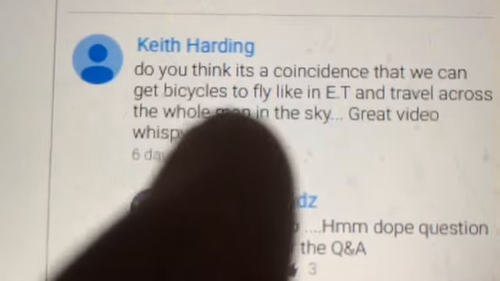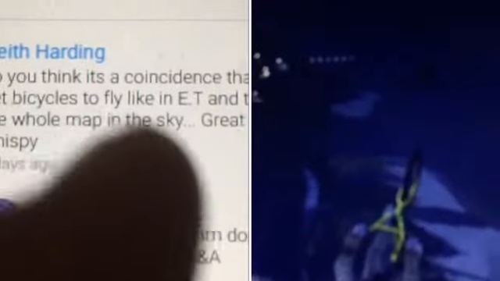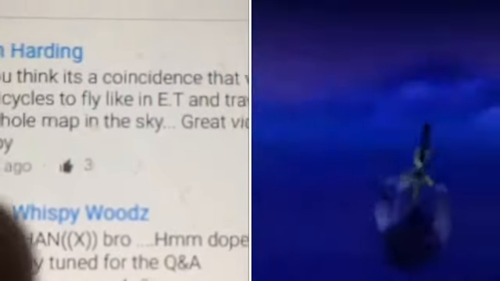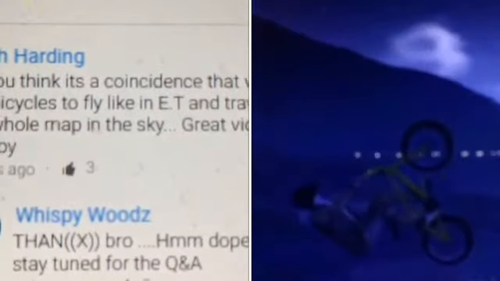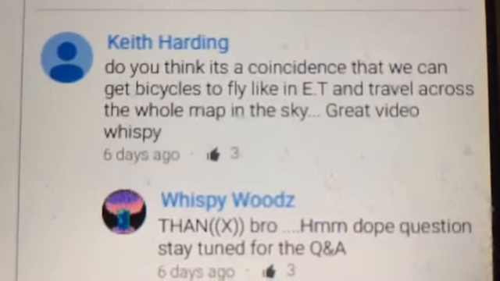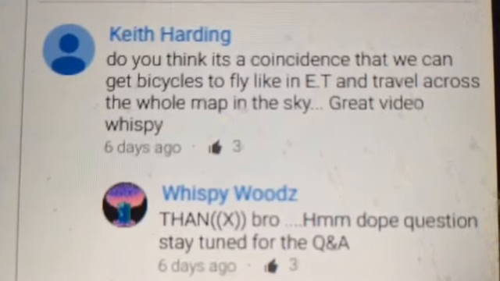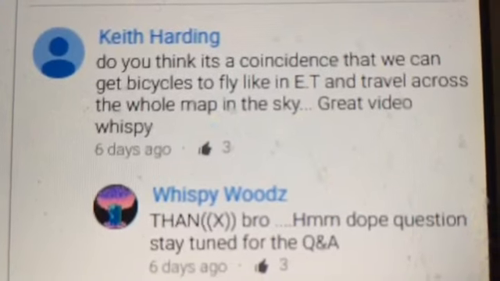He asks, do I think that it's a coincidence that we can get bicycles to fly like ET and travel across the whole map in the sky? Now, this was very interesting because I actually forgot about this glitch, you guys, but you know what's pretty interesting about this glitch, aside from the fact that, yes, ET is about a young boy who flies a bike with an alien?